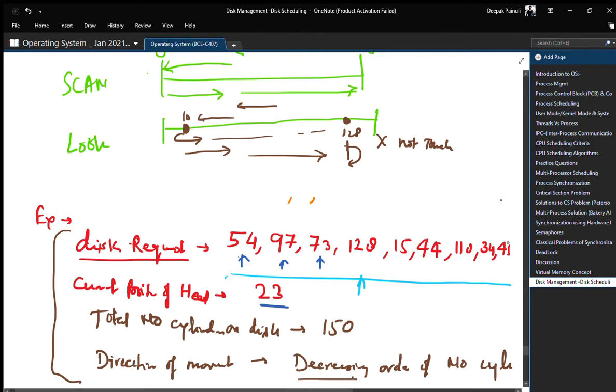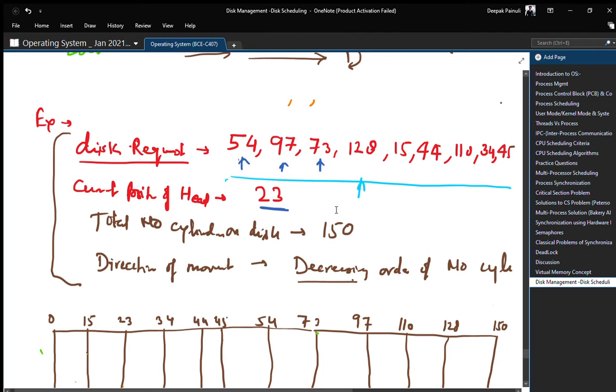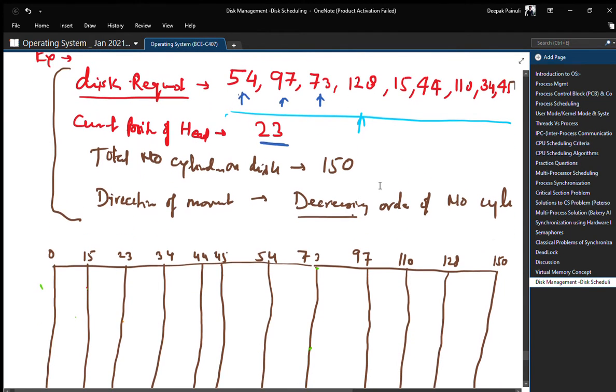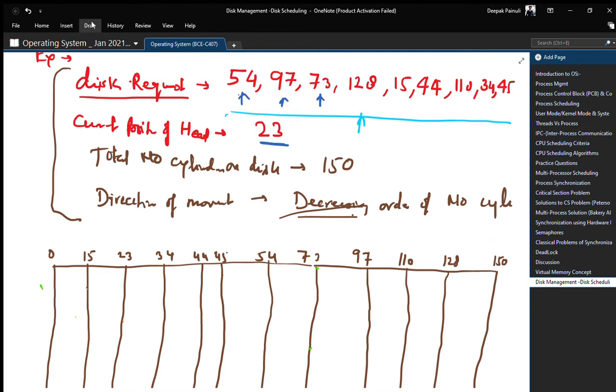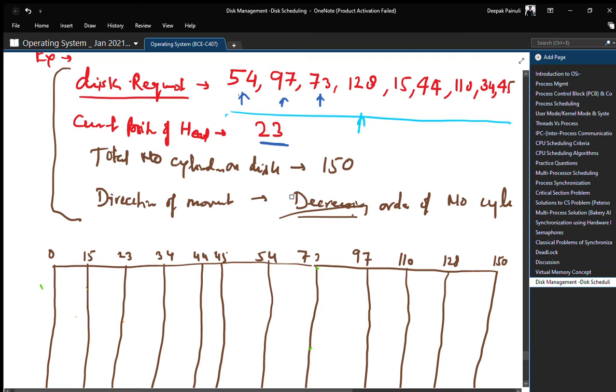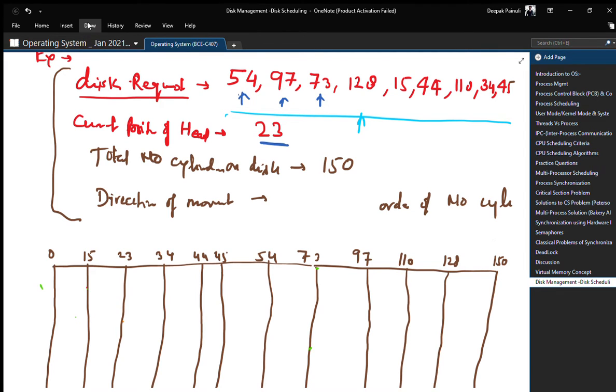And for the change, let us change it here. Let me erase it first. We are making only one change in our numerical, which is the direction of movement, right?